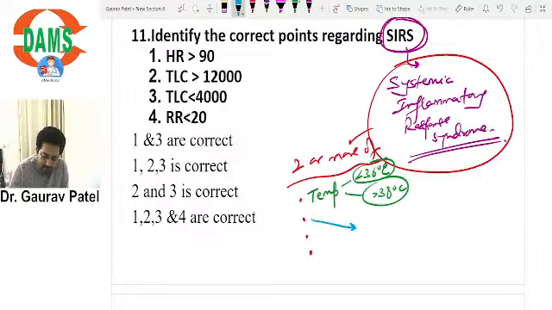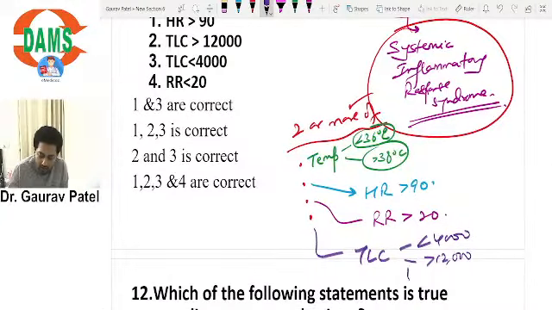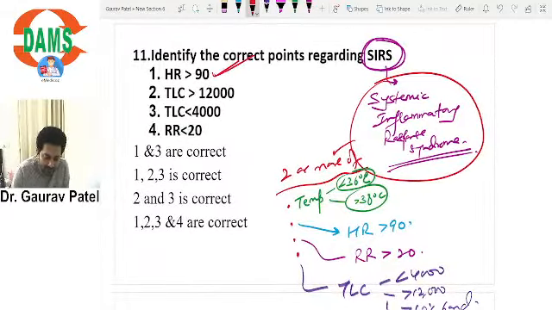Then what is the next thing? Heart rate more than 90. Then respiratory rate more than 20. Then TLC either less than 4,000, more than 12,000, or more than 10% band forms. So in the question, this is correct, this is also correct, this is also correct.